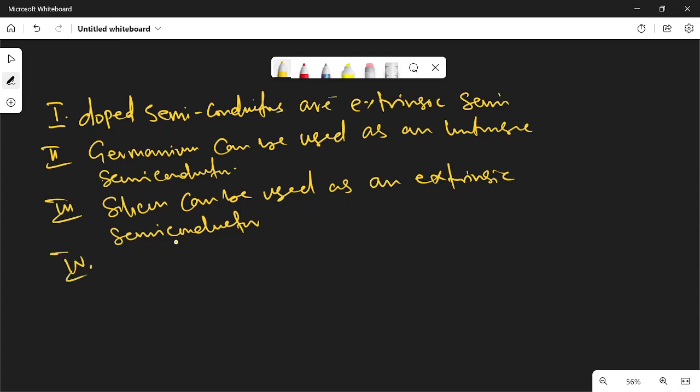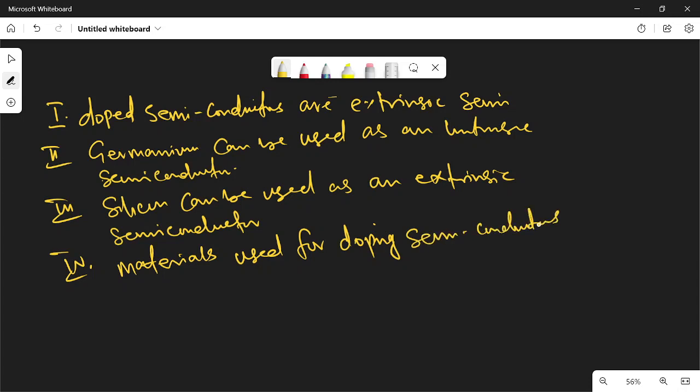Roman figure 4, materials used for doping semiconductors have 4 valency electrons.